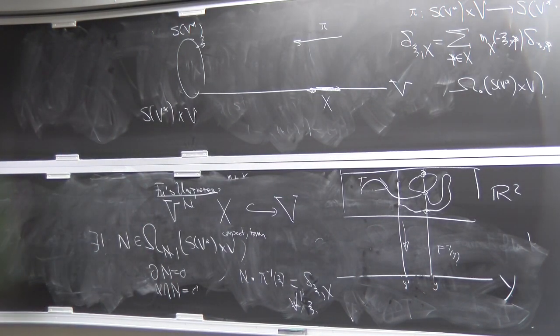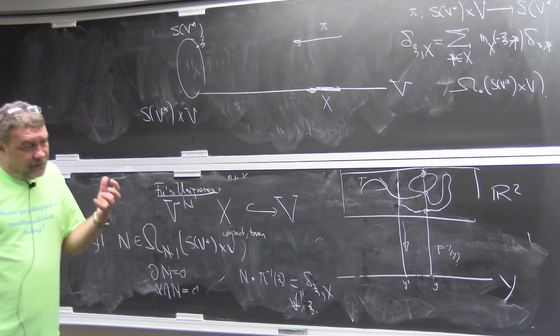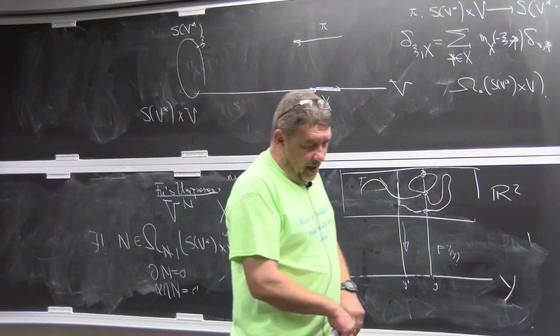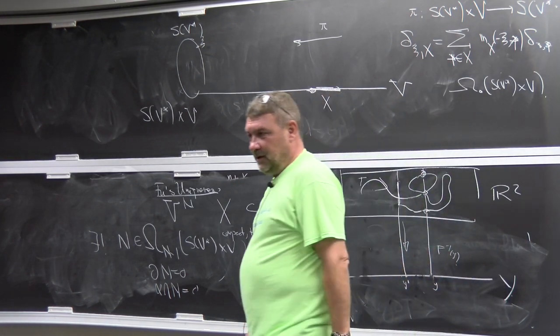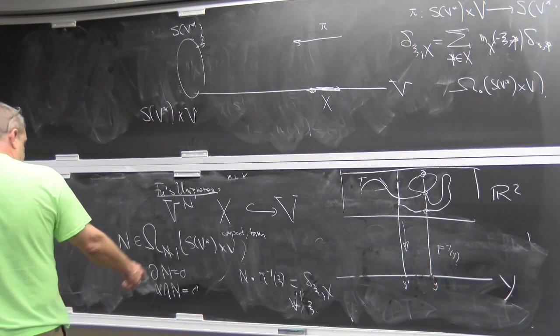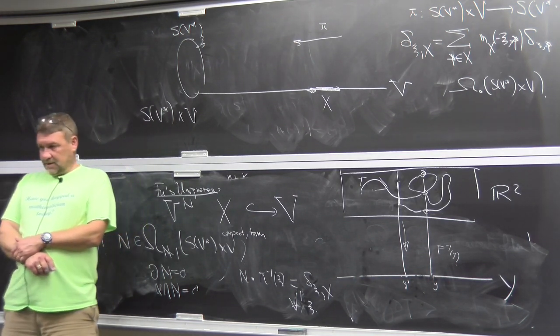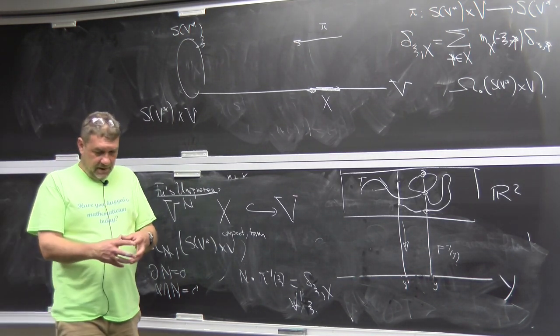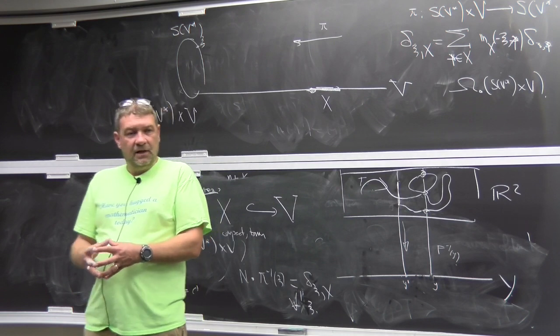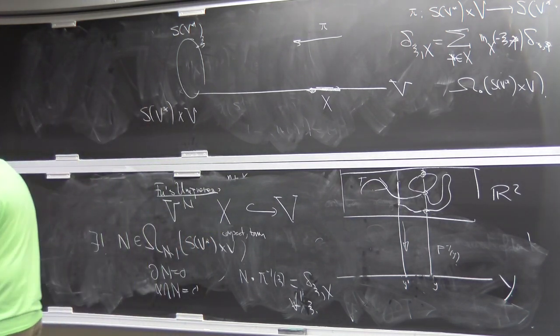Okay. I mean, it is not surprising that it's unique, because I'm requiring quite a bit of properties here. This seems nearly impossible, but we know that such things exist. One example is the unit conormal bundle of a submanifold.